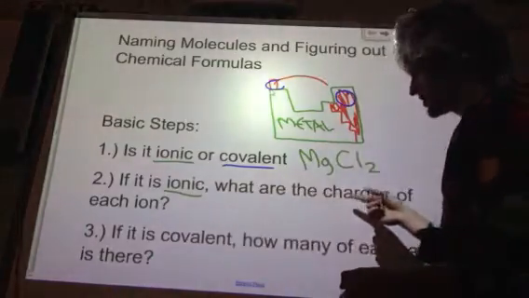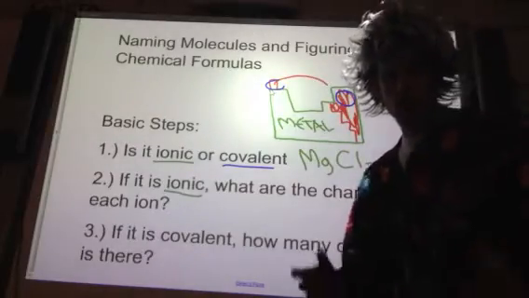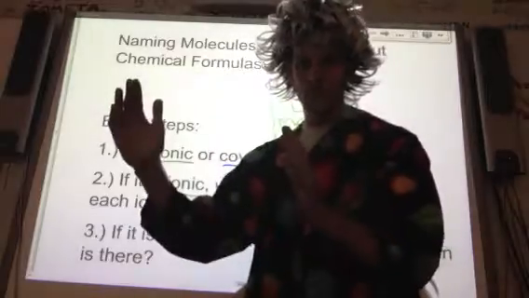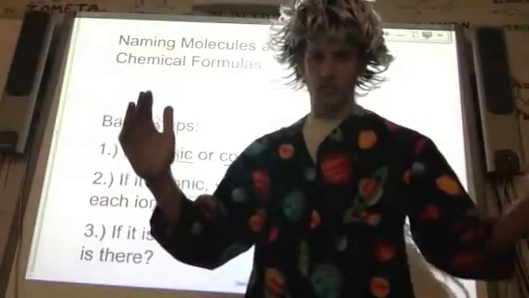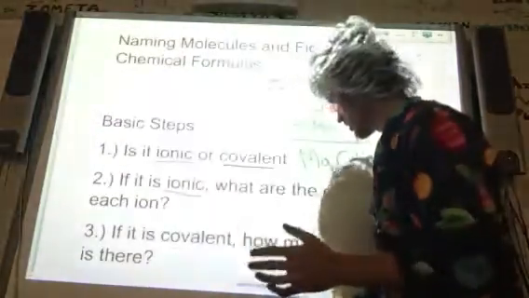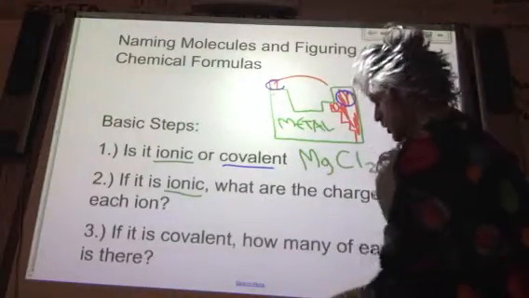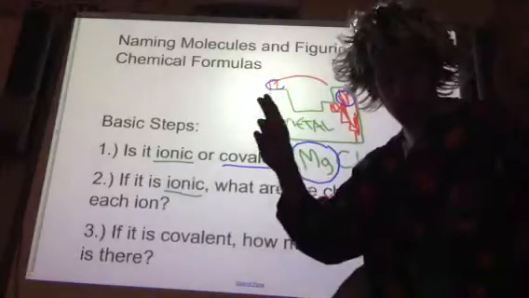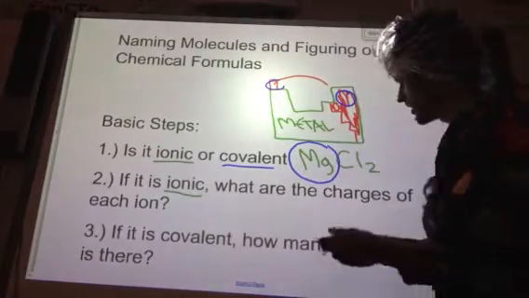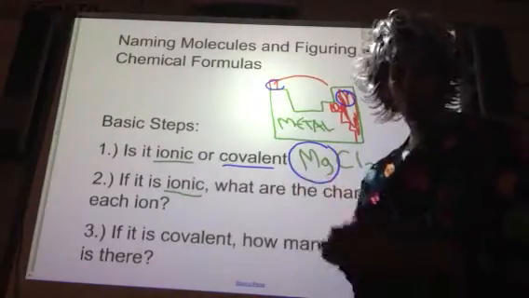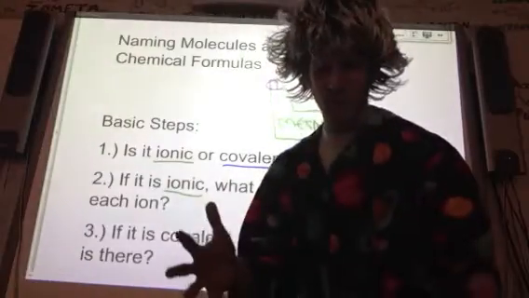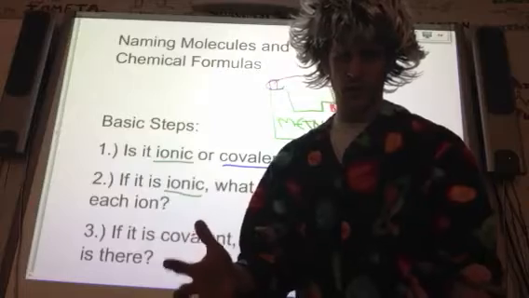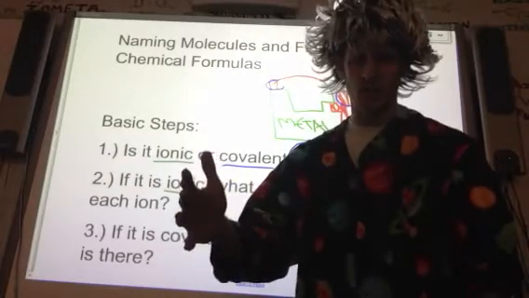What are the charges of each ion? What are the charges? Okay, charges are positive and negative, right? The first atom, or ion in this case, is the metal. You always, always, always, say it with me, always write the metal first. Metals come first.